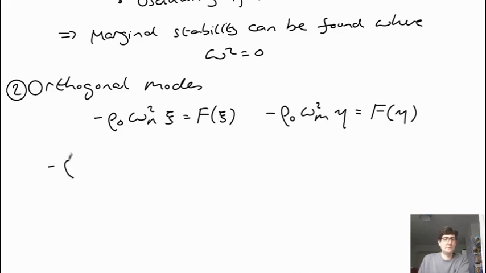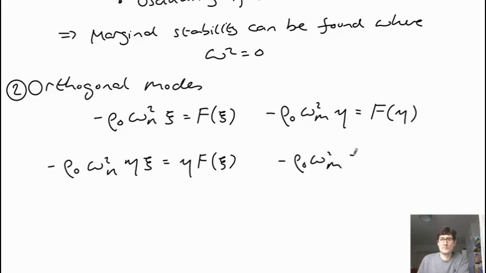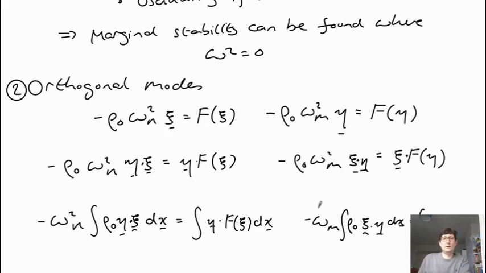And so we end up with minus rho naught, and again we integrate over all space, and we end up with, and because this is self-adjoint, again the left hand side here is the same as this here, and we have that this must be equal to this.